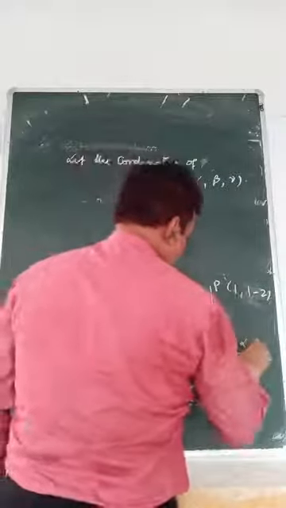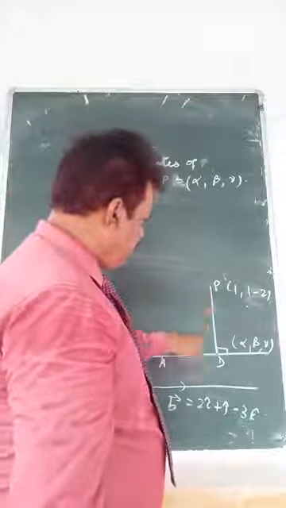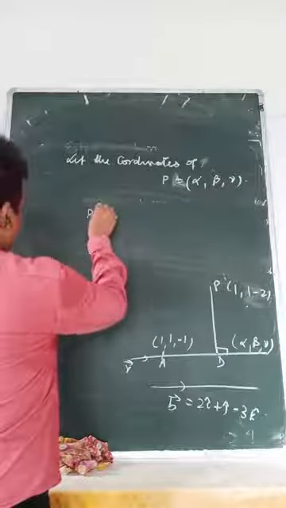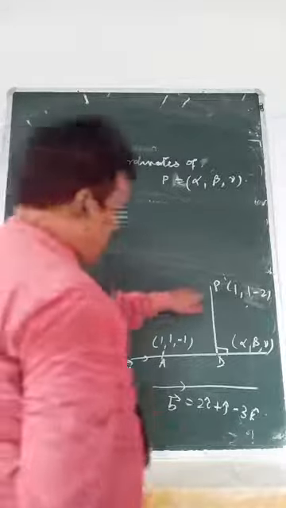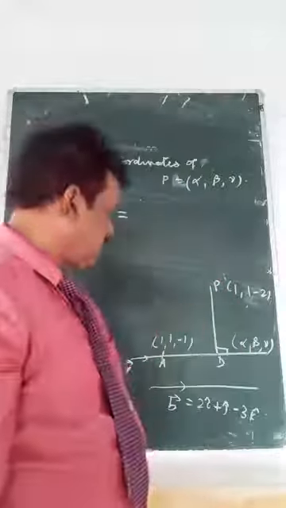Alpha, beta, gamma. So how to write the PD vector, anybody? Two points are given. How to find the PD vector?